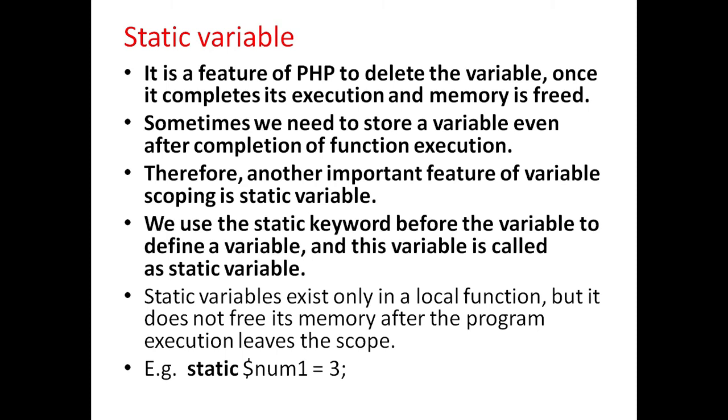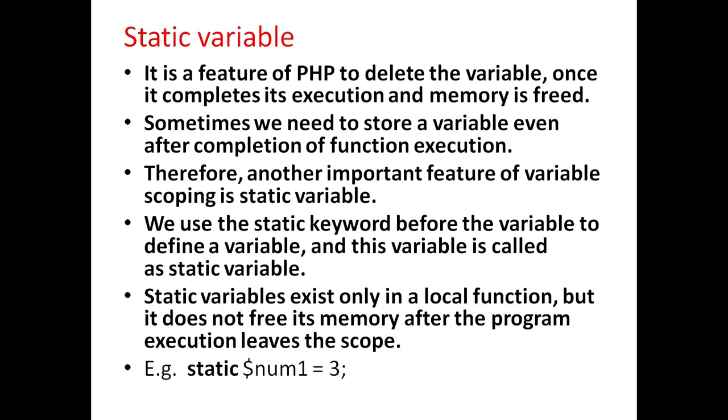We use the static keyword before the variable to define it, and this variable is called a static variable. Static variables exist only in a local function, but they do not free their memory after the program execution leaves the scope. To define a static variable, use the static keyword, that is static $num1 = 3.